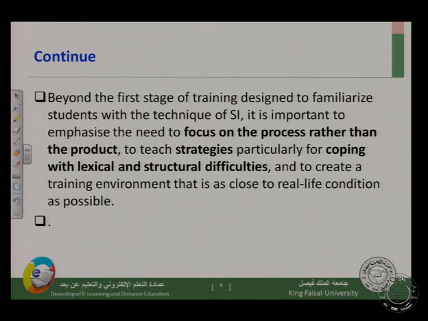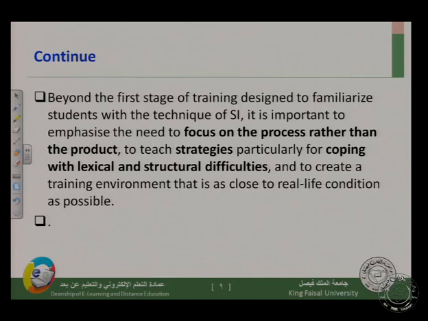Can you, for instance, cope with the lexical and structural difficulties of the English language, or of the Arabic language? So you need to say, okay, how can I do that? I need to focus on subject, verb, object. You need to really be able to analyze the structure of the language very well.